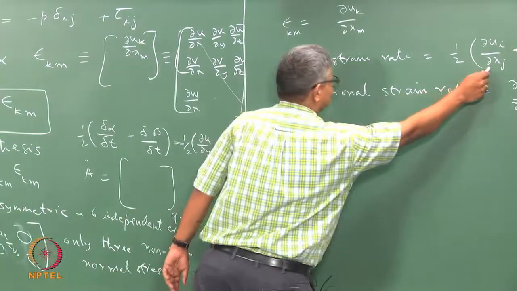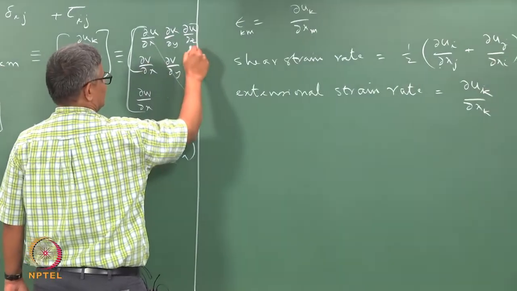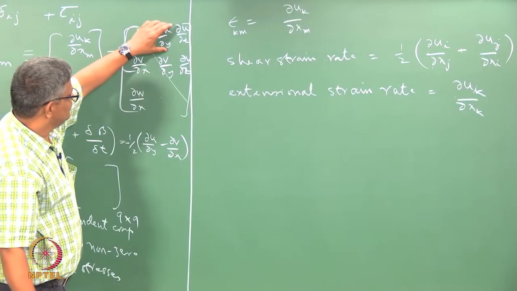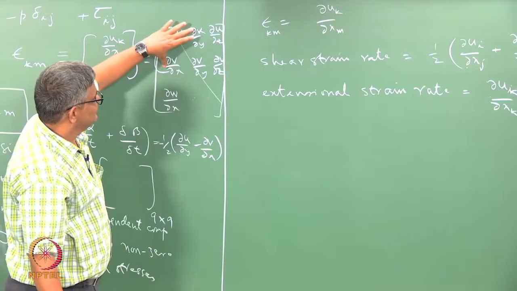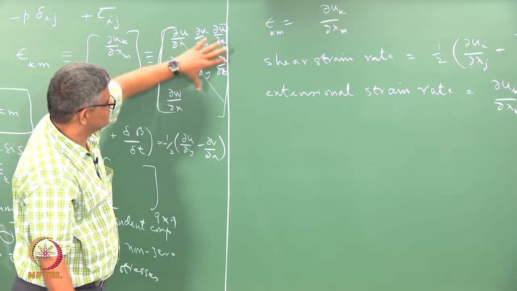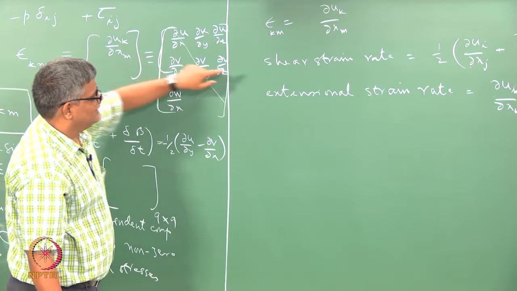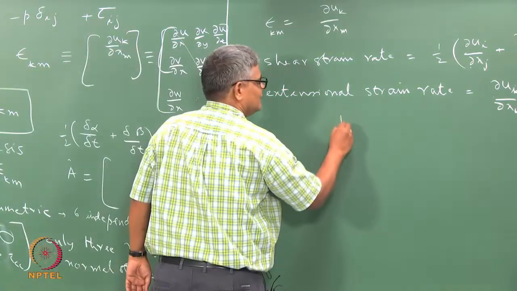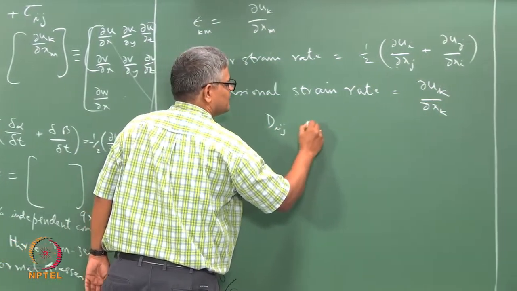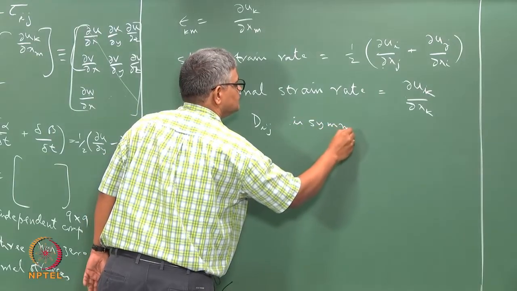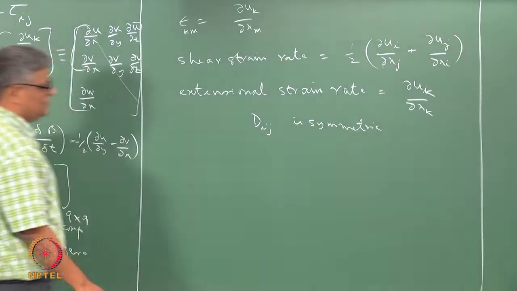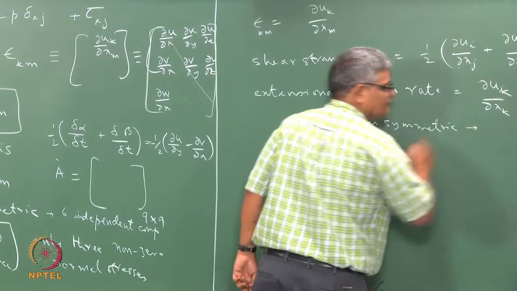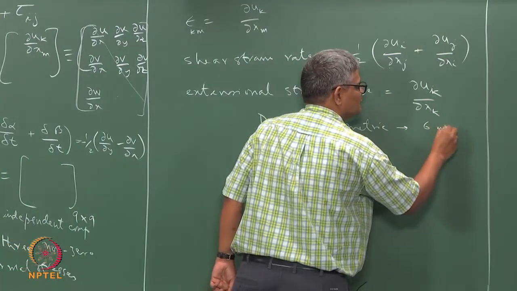And shear strain rate has this plus this going together, and this plus this going together, and this plus this going together. So it is a summation of these two, and summation of these two, and summation of these two. So that means that the deformation rate tensor dij is symmetric. Okay. So if dij is symmetric, then it also has 6 independent components.